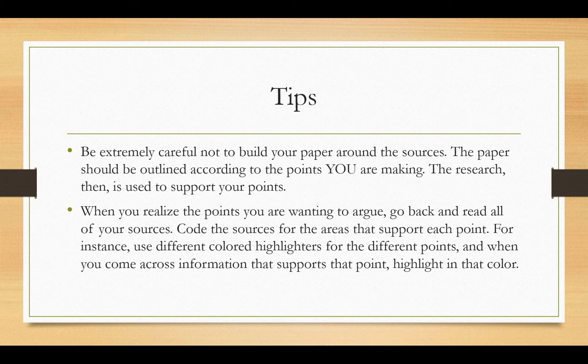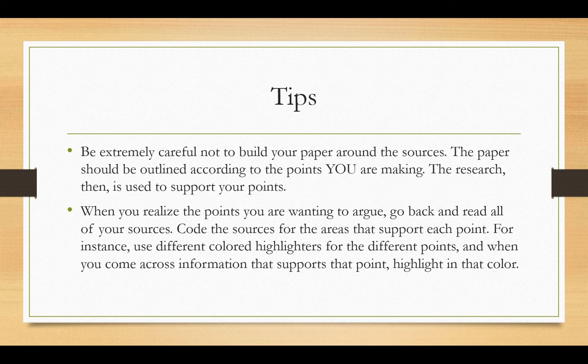That way, when you get ready to incorporate your sources into your paper, you'll be able to quickly see the information. So here's an example. Say that you have decided the second point of your paper about lowering the legal drinking age is that people can join the military at the age of 18.